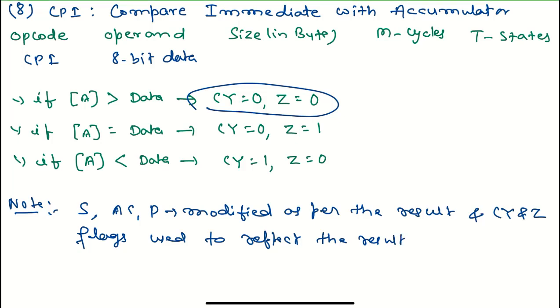Now we can understand this with an example. Let's say I am taking the instruction CPI 98H, so I'm assuming that the data is 98H.